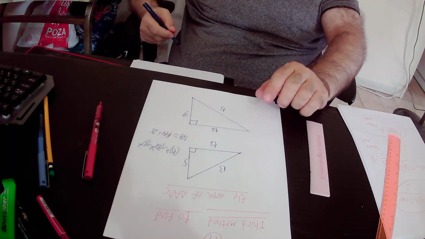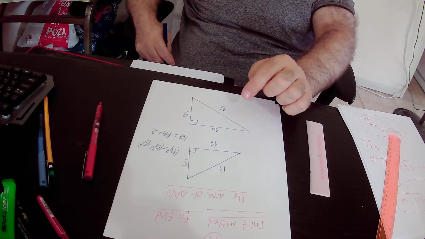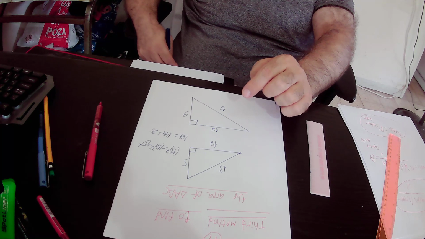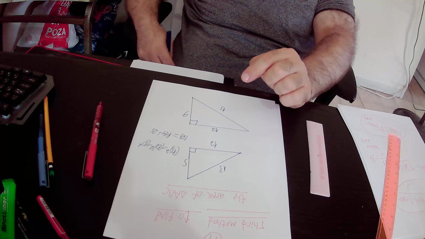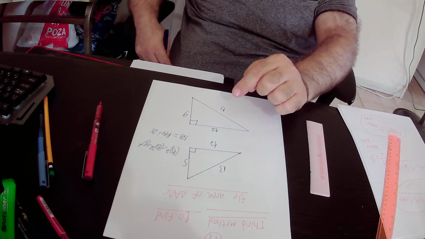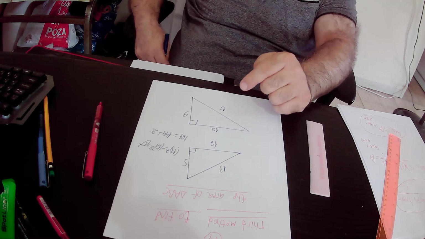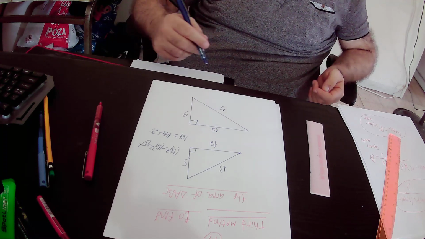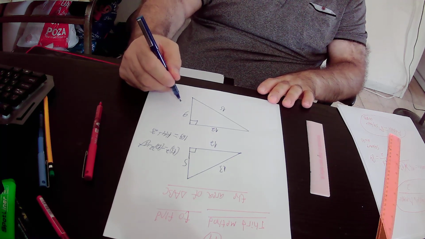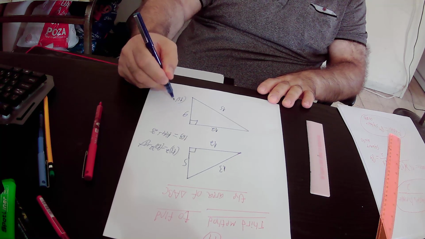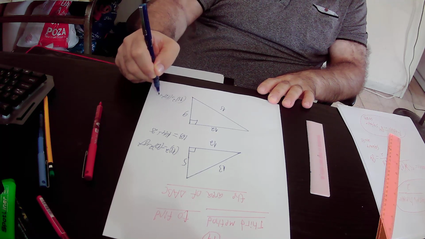So this is a right triangle, and we will prove that by checking whether it obeys the Pythagorean theorem or not. If this triangle obeys the Pythagorean theorem, then it must be a right triangle. So we will check whether 15 square equals 12 square plus 9 square.